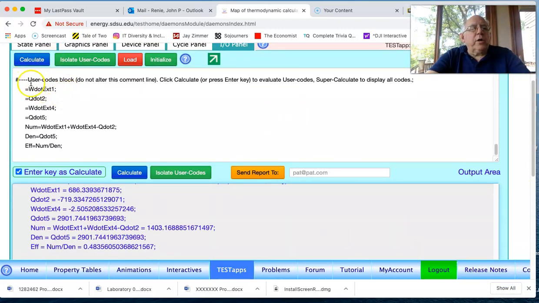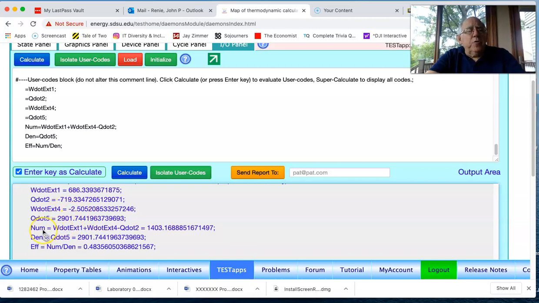I asked for the work. This is the exterior work associated with the turbine, and that was the 686. And then we also had the work of the pump, and we see that that's a minus 2.5. I also printed out Q.2, which was what we sent to the campus. Okay. And I also printed out Q.5, which was what the boiler supplied.